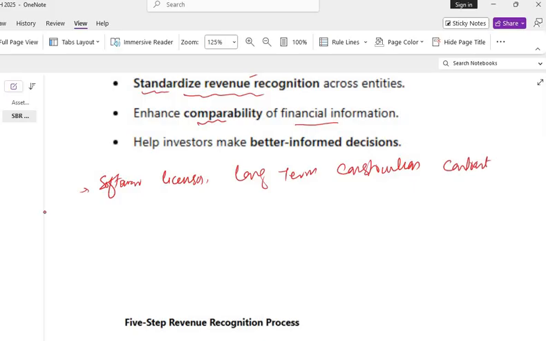We need IFRS 15 for the proper recognition of revenue. Then there are some scandals highlighted that need to be handled in a proper and strict way. So for that we need the new standard.